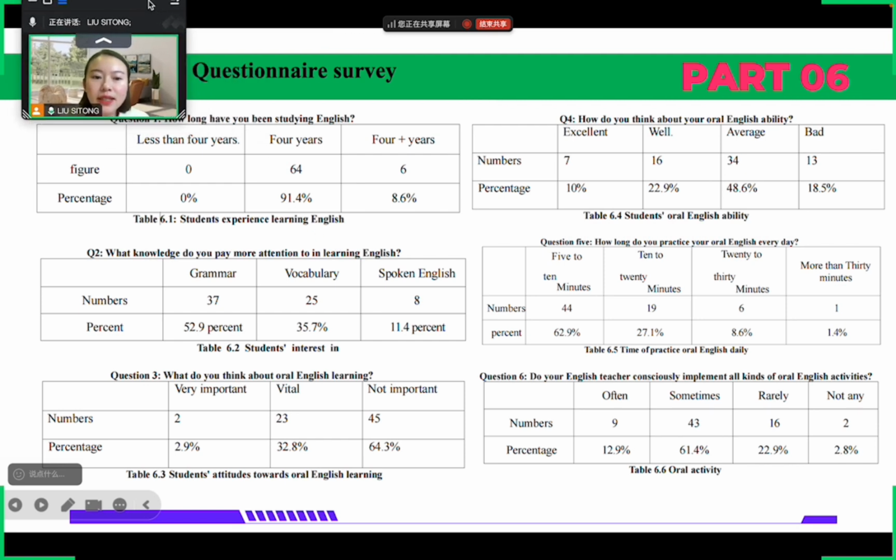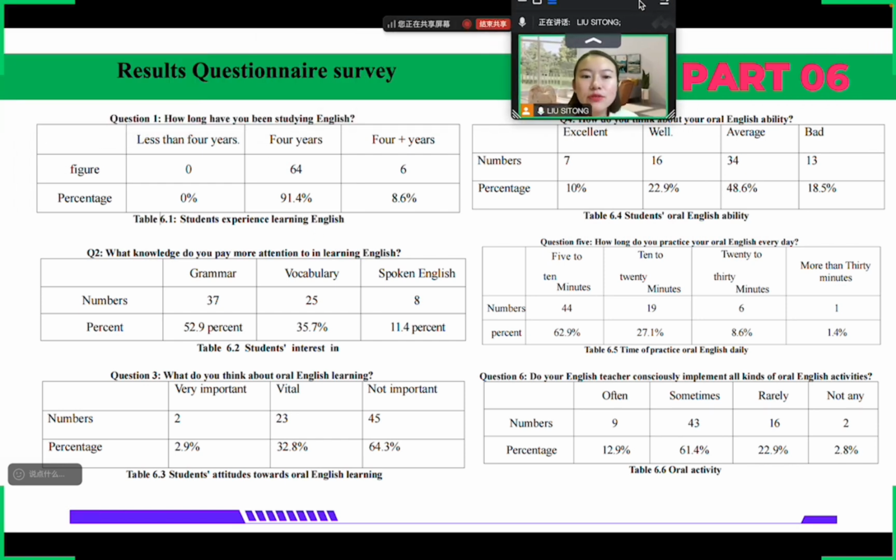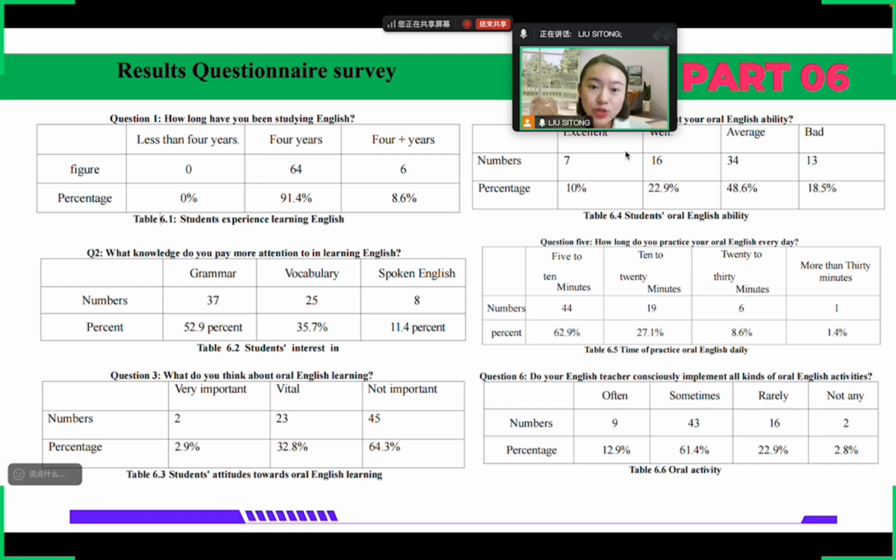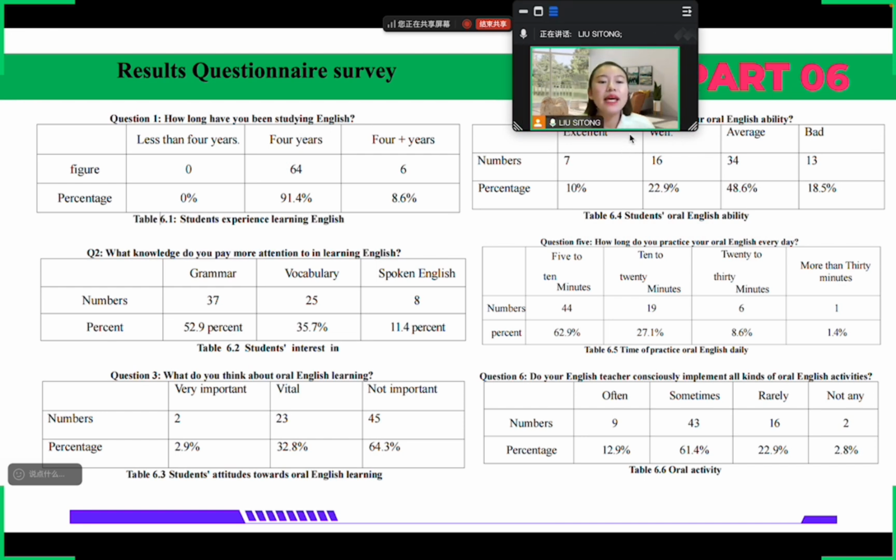Yes, there are many forms, and results require a questionnaire survey. The questionnaire analyzes students' attitudes towards speaking English.